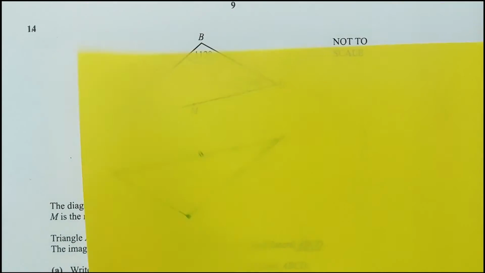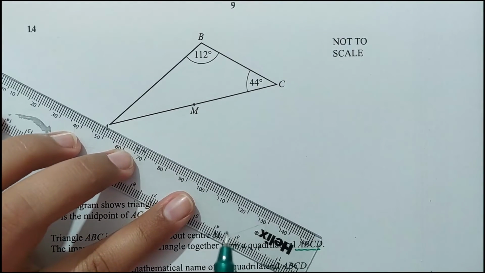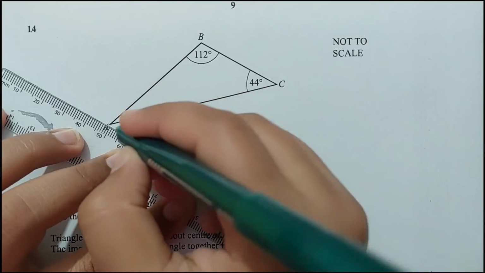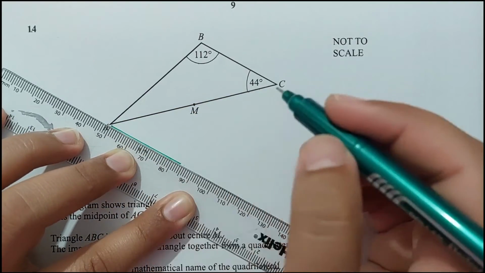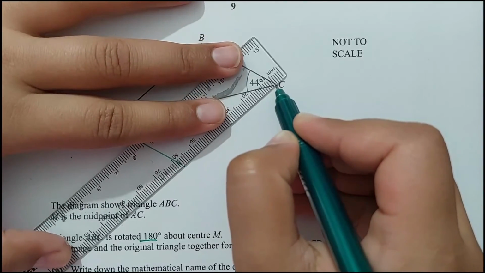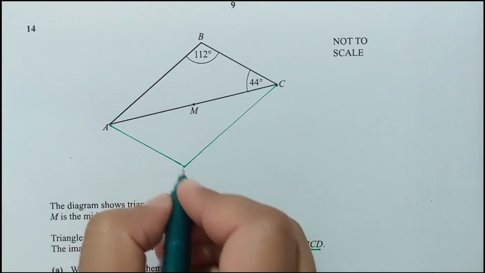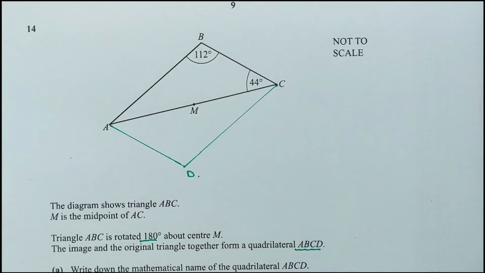Okay, this point, I have to connect it. Name this as D. This is the point D, right?